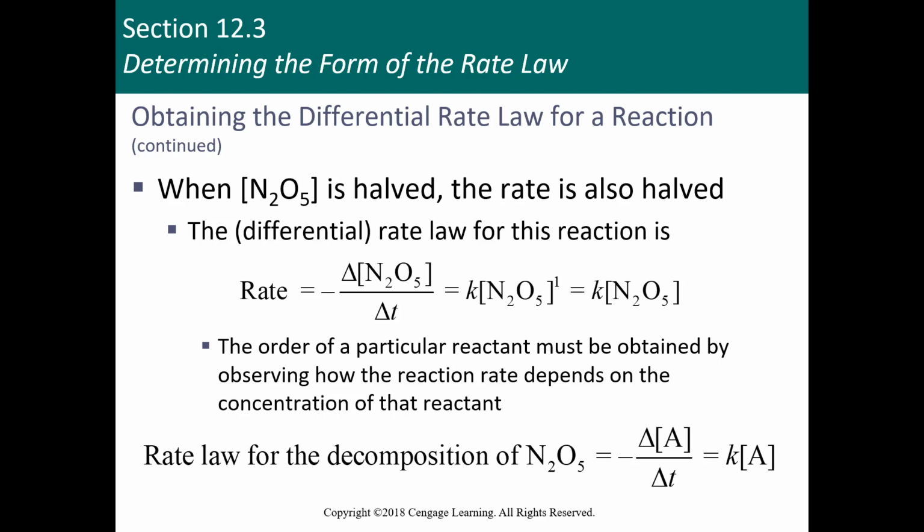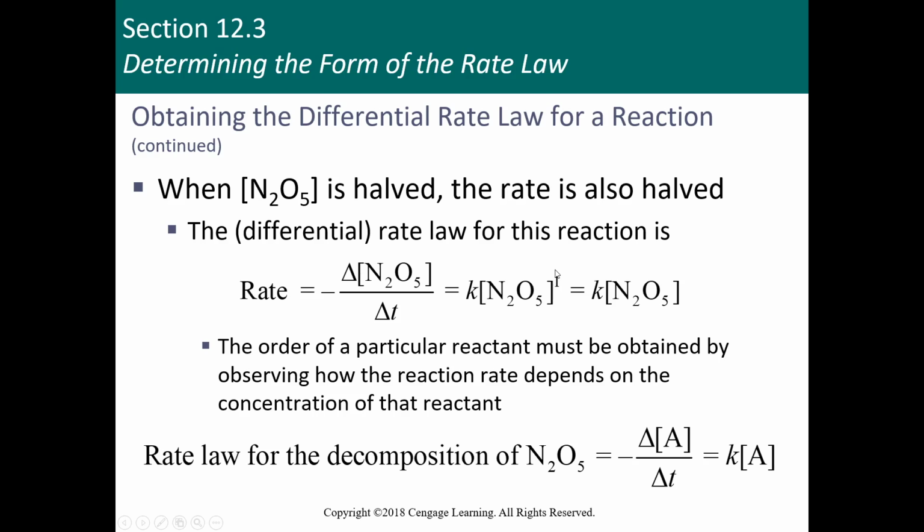The differential rate law for this reaction is thus, well, our rate equals our change in concentration over change in time. Since this is a reactant that's going down, it needs a negative in front of it. It will be equal to the rate constant times the concentration. And in this case, this is going to be first order.